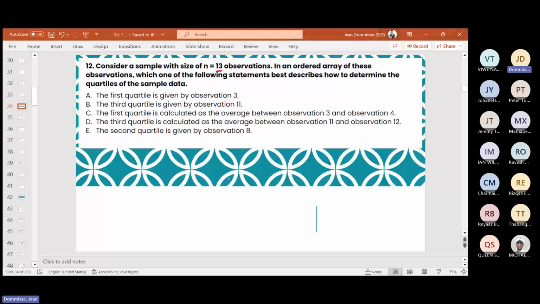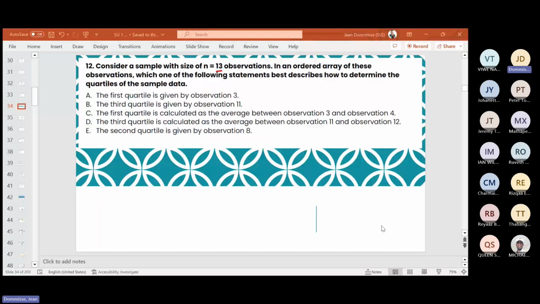Okay, so before we look at first and third, second quartile is your median. So we will use that formula set. We will use n+1 divided by 4 for quartile 1, and then 3(n+1) divided by 4 for quartile 3.